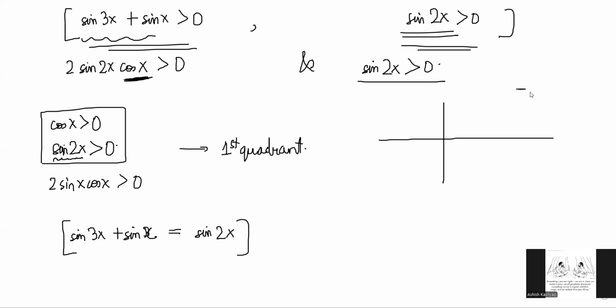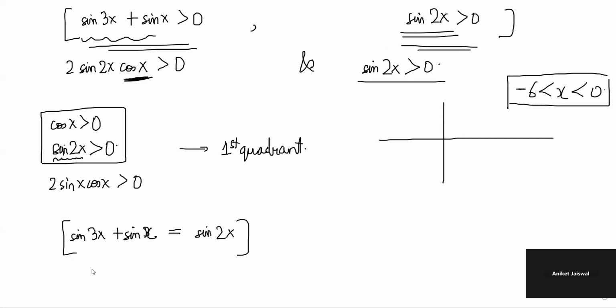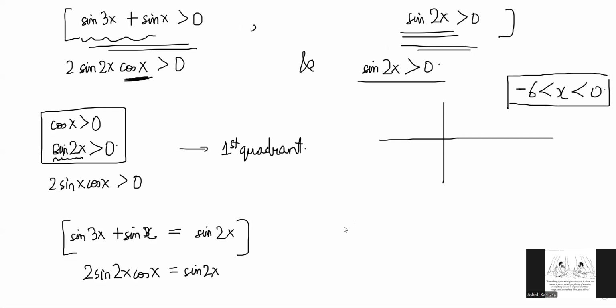And we also have a condition minus 6 less than x less than 0, by the way. Right? Yes, sir. So let's check here. This becomes 2 sin 2x cos x is equal to sin 2x. And with sin 2x common, you get 2 cos x minus 1 is 0.